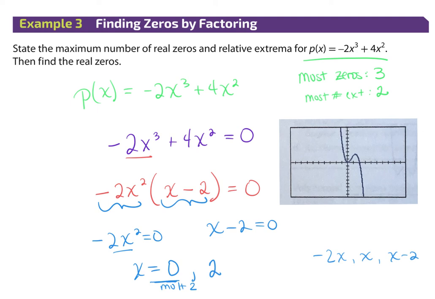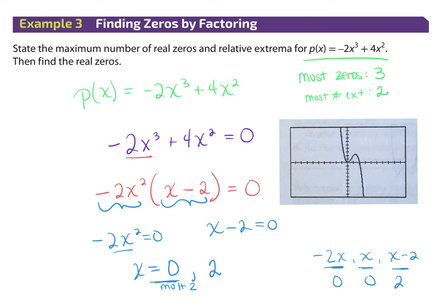This would give me 0, this would give me 0, this would give me 2. So technically, 0 has a multiplicity of 2 because I actually have 2 of them. When you have an even multiplicity, this is what happens. It hits the x-axis and it bounces off. When you have an odd multiplicity, like this guy, it cuts all the way through.